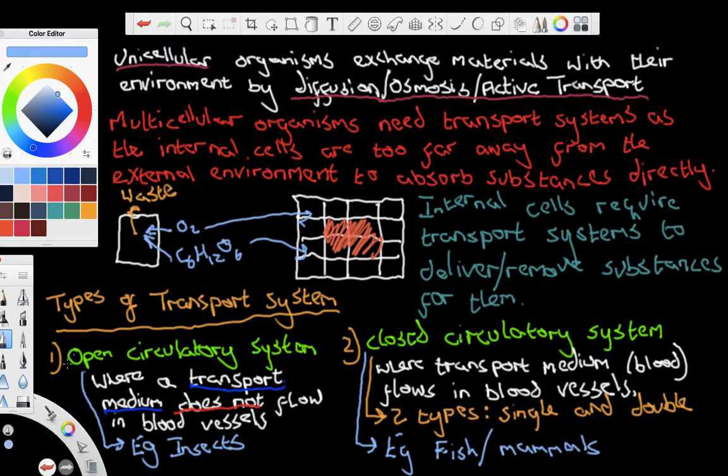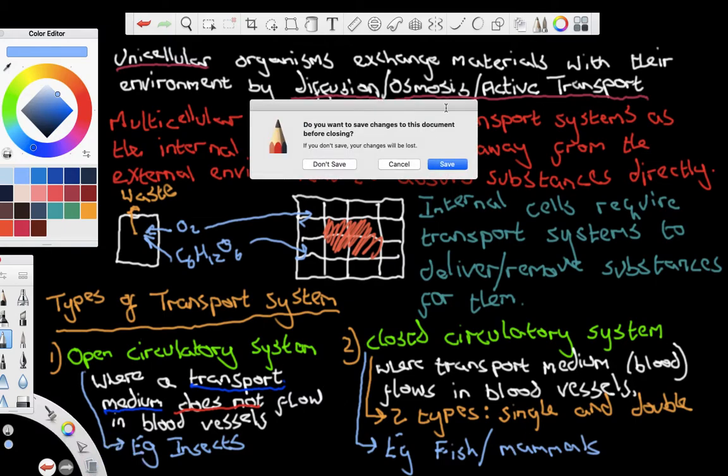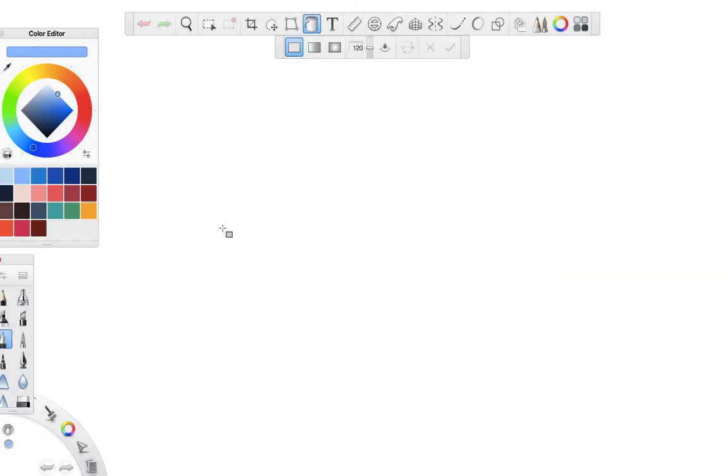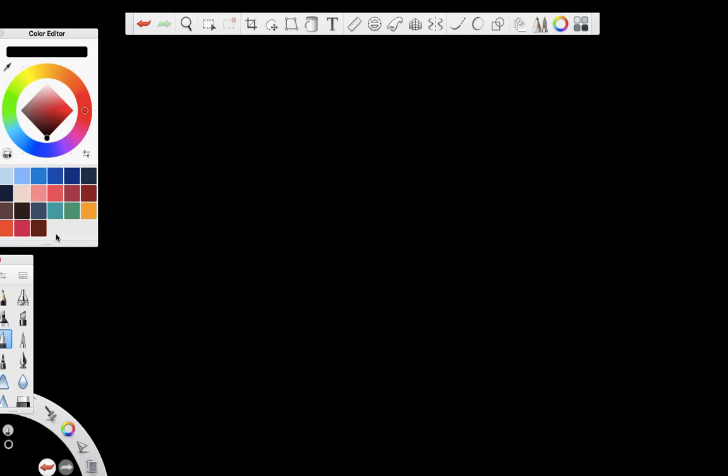So, if we can refresh our screen, turn it back to black so that it's easier to read, and we can say that, and I'm going to put it in red, in mammals, it'd help if I could spell mammals, it's M-A-M-M-A-L-S.